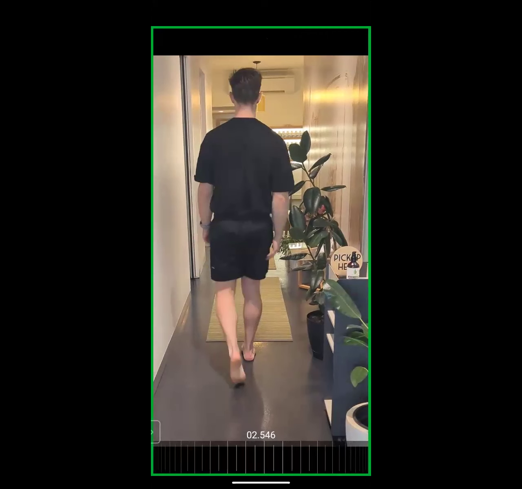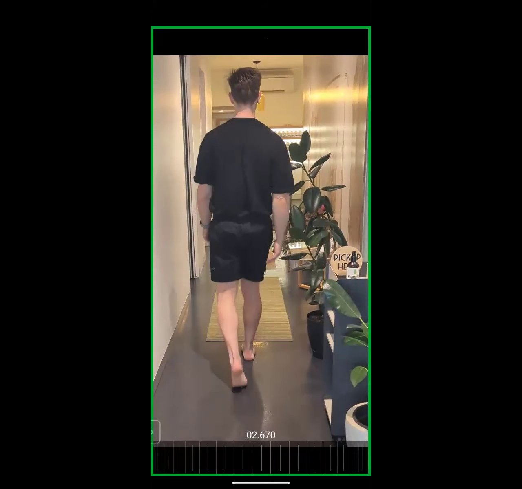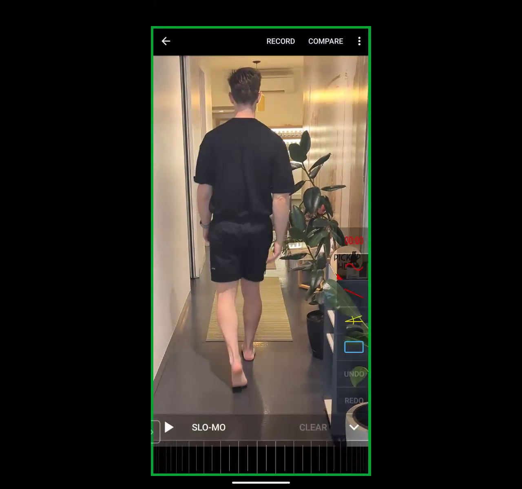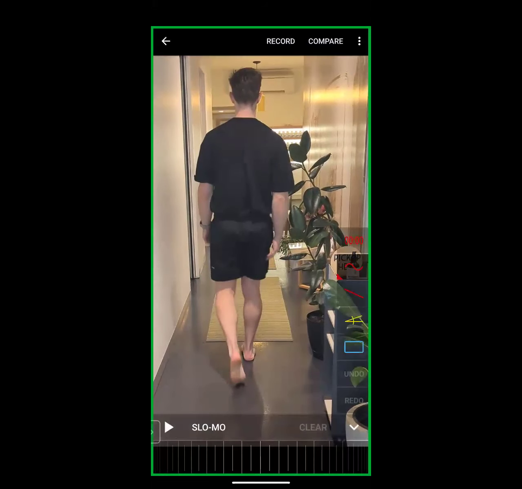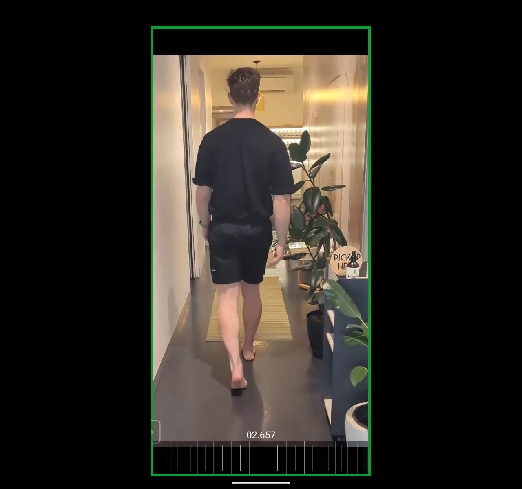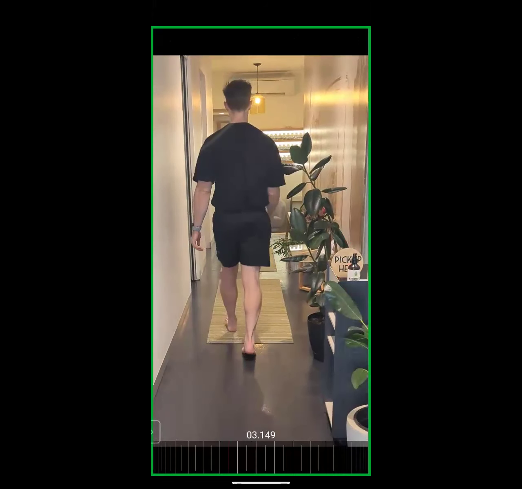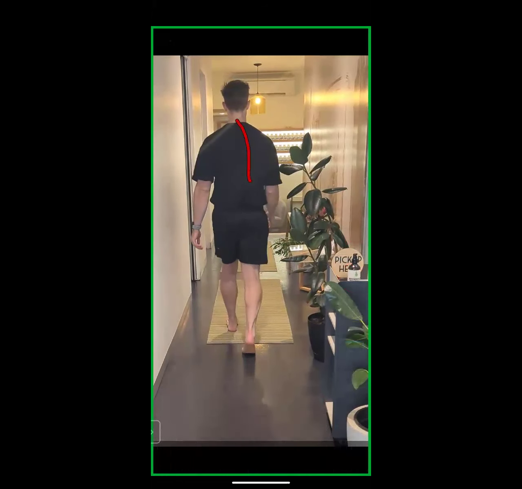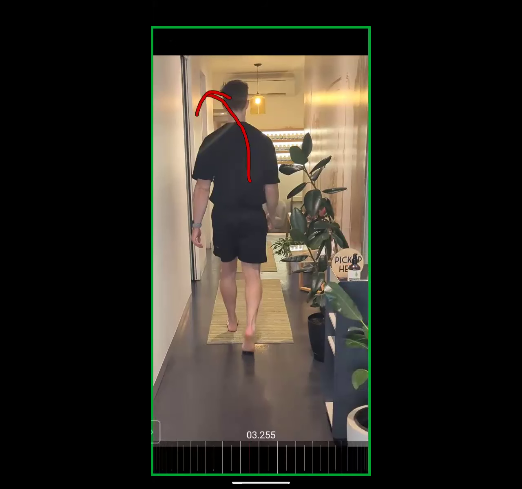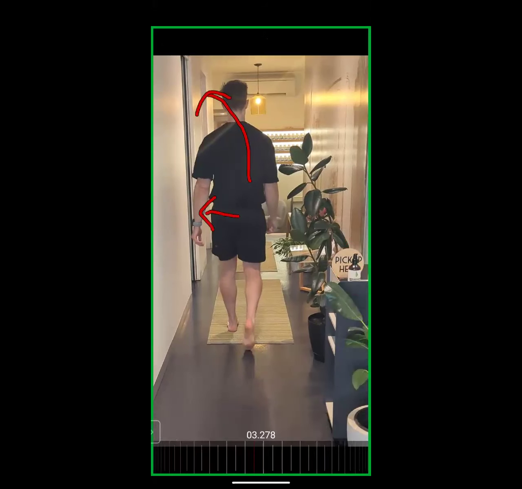But how is that? Let's remind ourselves of the right leg forward. Very interesting. He seems to not actually actively hike the right side of his pelvis as well. He seems more to kind of laterally flex to the right to get onto his right leg. He doesn't really shift his weight onto the left. He tips onto his left leg here, bit of a topple over, but he does hike the pelvis, and I think he actually does access the adduction of his left leg a little bit better.